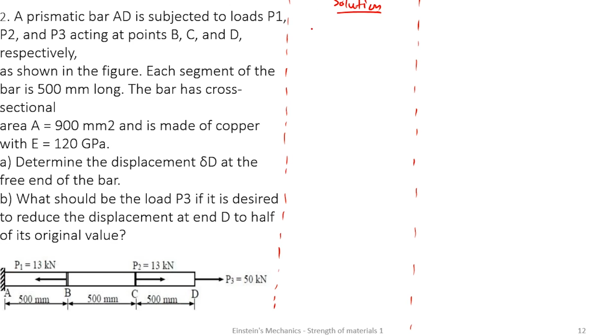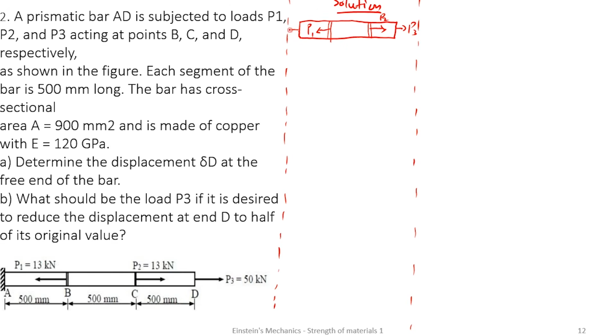And if I'm to draw the free body diagram for this, I'm going to get something like this. So I have this point B and this point C. And C has a force P2. There's a force P3 here, and there's a force P1.